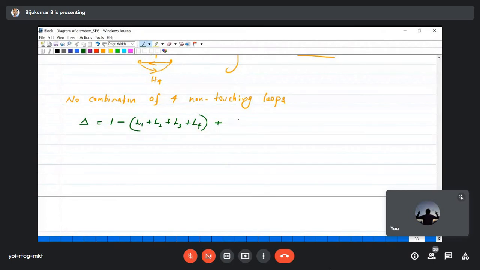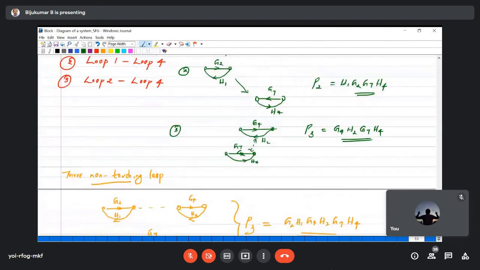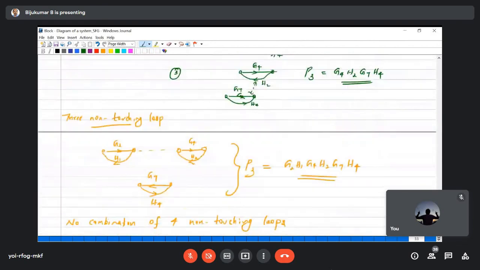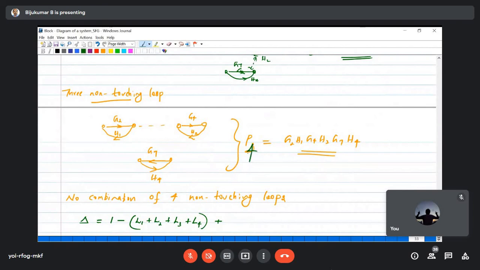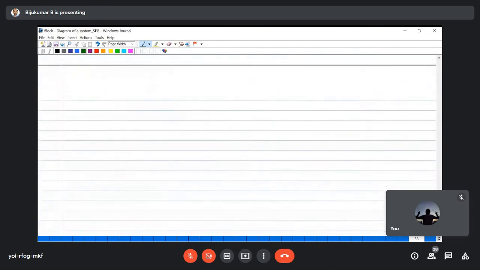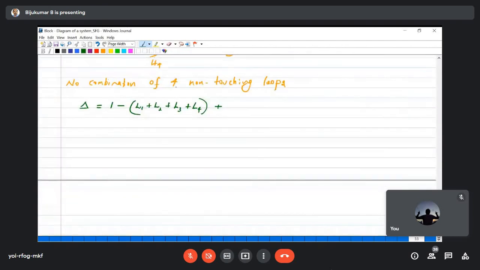That is, okay, sorry, here one variable we can change it. That's P1, P2, P3. It can be written as P4. We can write P1 plus P2 plus P3 minus sum of the gain product of three non-touching loops. So we have one three non-touching loop with the product gain P4.